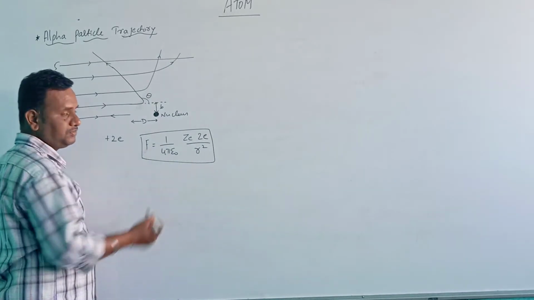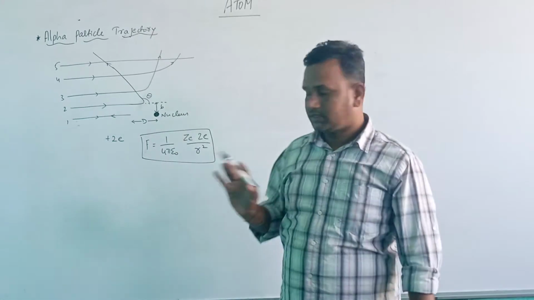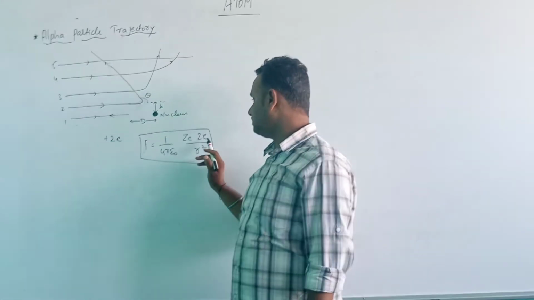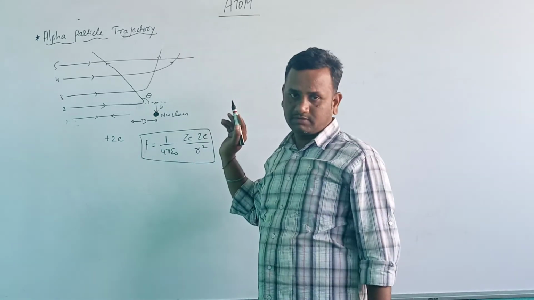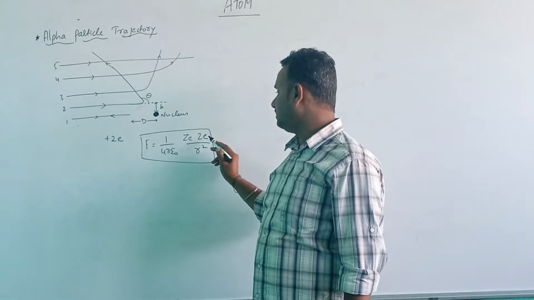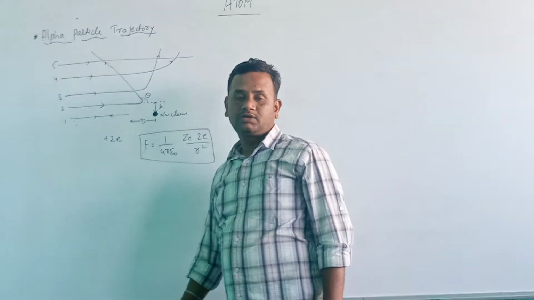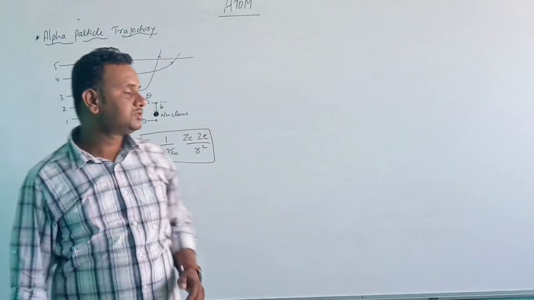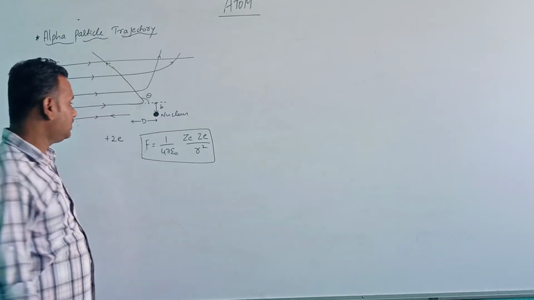Here r is the distance between the two charges: Ze is one charge and 2e is the other, so we take the product of the two charges. F represents the electrostatic repulsion force due to the nucleus.